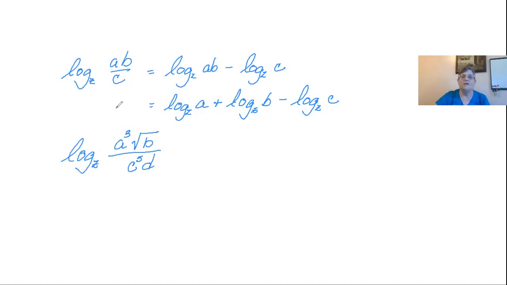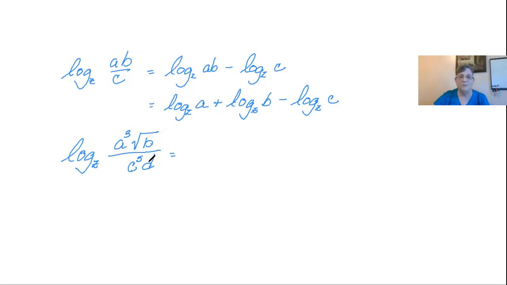The exponents are going to come down in the front. Now the square root of b is the same thing as b raised to the 1/2. So this one's going to be positive, this one's going to be positive, this one's going to be negative, and this one's going to be negative because you have to carry the negative through.